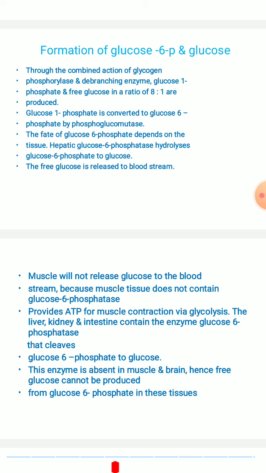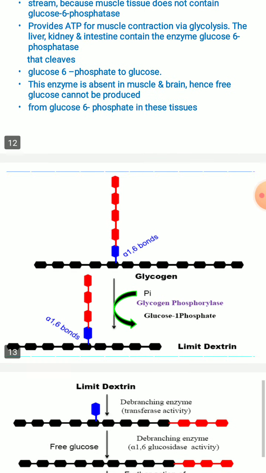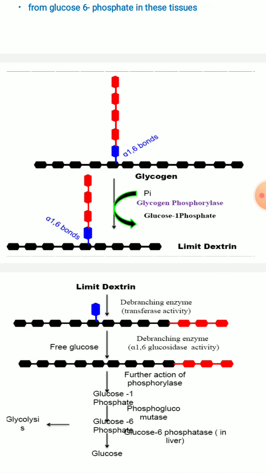So in those tissues, glucose 6 phosphate enters into glycolysis and continues via glycolysis to form pyruvate.